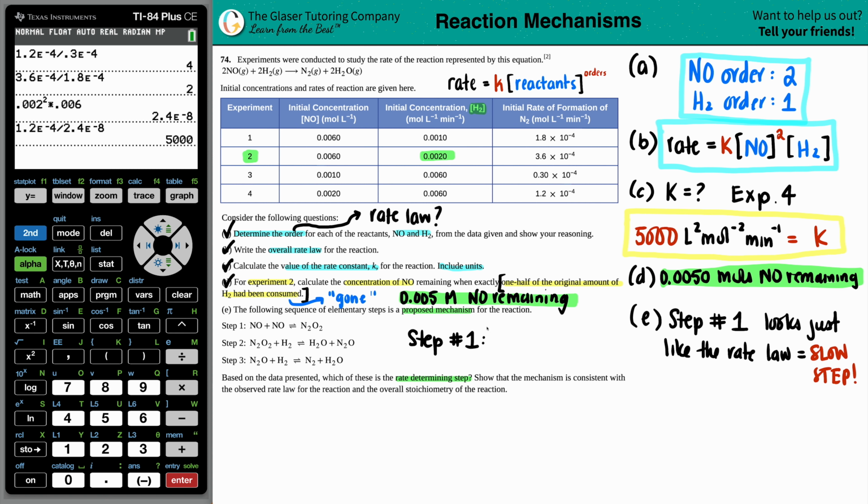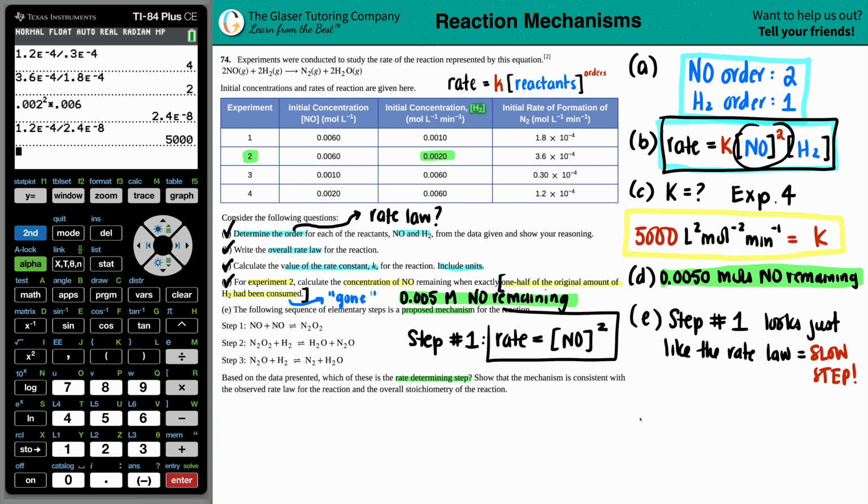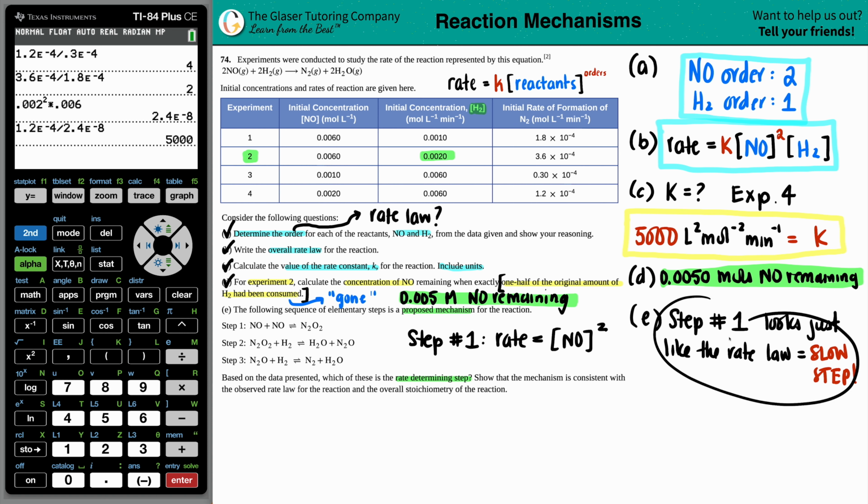So step 1 rate law would have been rate equals NO, because those are your 2 reactants, but you have 2 of them. So this would have been NO squared. Now I say to myself, does this match the rate law that we have? Well, it's got the NO squared here, but oopsie, we have no H2. So I know that since this is not an exact match, step 1 is not the slow step.